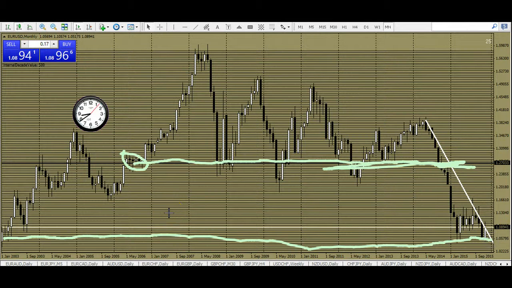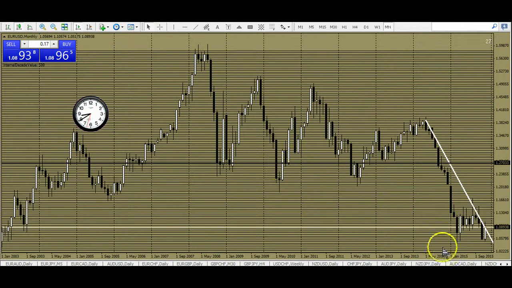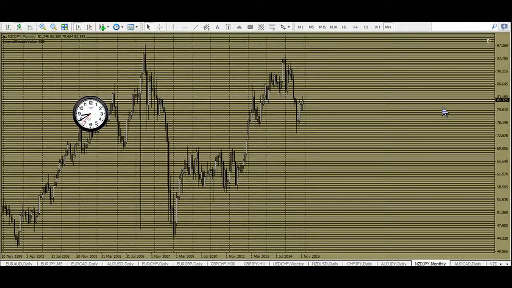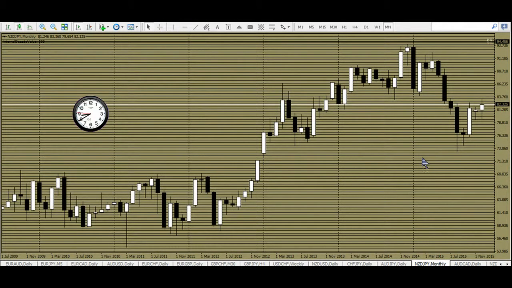I thought that was coming on the New Zealand dollar once. I really did. I mean, if you look at this New Zealand dollar, go to the monthly. If this guy would have broke out this top, holy mackerel. Let's see, people are getting in here at the retest of this doji.